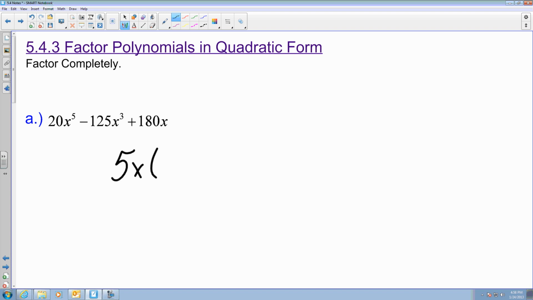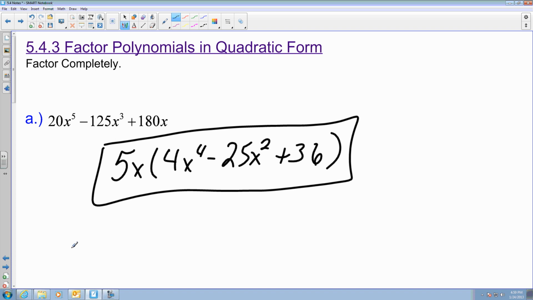So this leaves me with 4x to the fourth minus 25x squared plus 36. And I was trying to see if I could reverse FOIL this, and I just couldn't do it. So this is factored out completely.